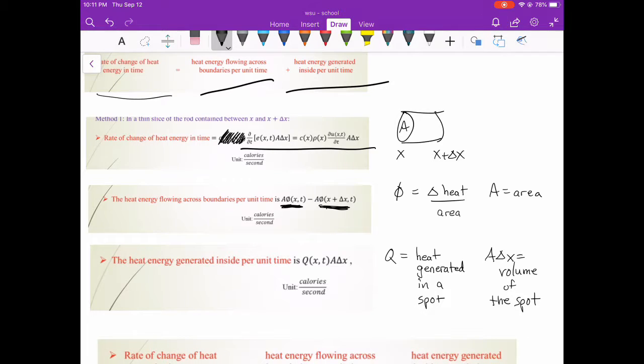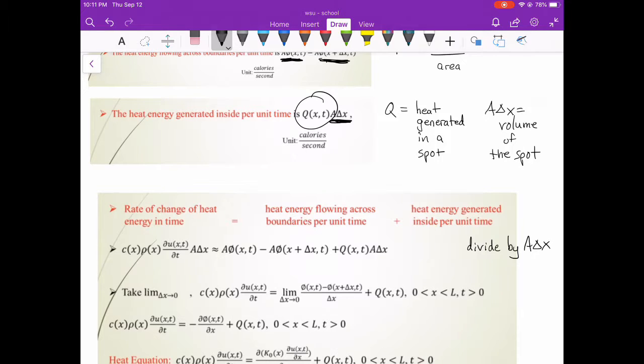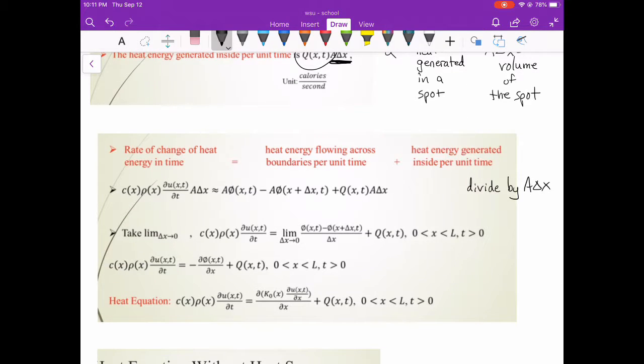I didn't copy that part of the picture, but all we're trying to say is that there's some heat amount here, there's some heat amount there. You take the difference, and that tells you how much is in this hockey puck space. Then the heat generated inside is this Q thing times the volume. Q is the heat generated in a spot, and if you multiply that by the volume, you're going to get how much heat was generated in there.